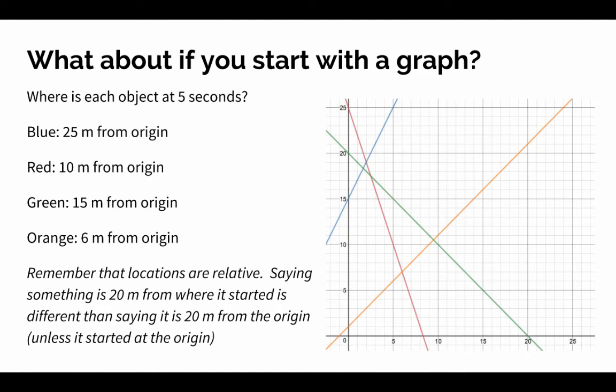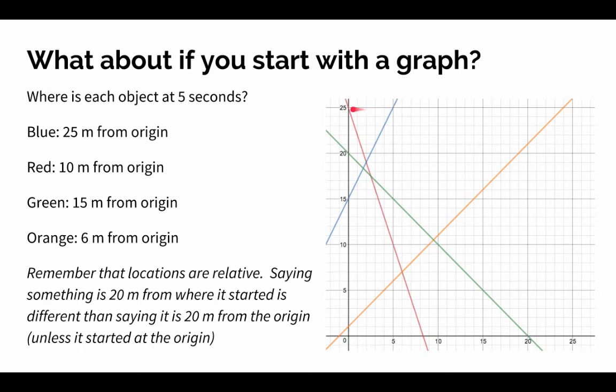So what if you started with a graph? The same questions apply. Where is each object at 5 seconds? Well, this is color-coded, so be very specific. You may want to zoom in. Blue starts 15 meters from the origin, but at 5 seconds, he is 25 meters from the origin.